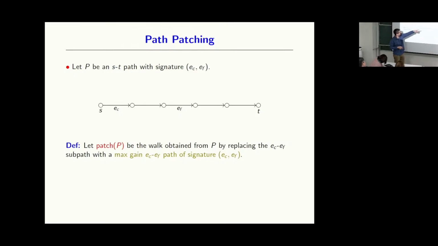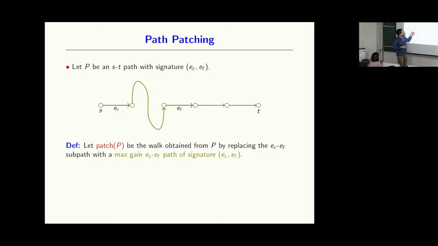So we have our path from S to T. It has its most expensive arc, that's the cost bottleneck, and the flow bottleneck. And what we're going to try and do to simplify this path or make it better is replace this subpath in between by essentially the path that maximizes the product of the gain factors going from here to there, that locally preserves the fact that this is the bottleneck of cost and this is the bottleneck of flow inside the patched segment.